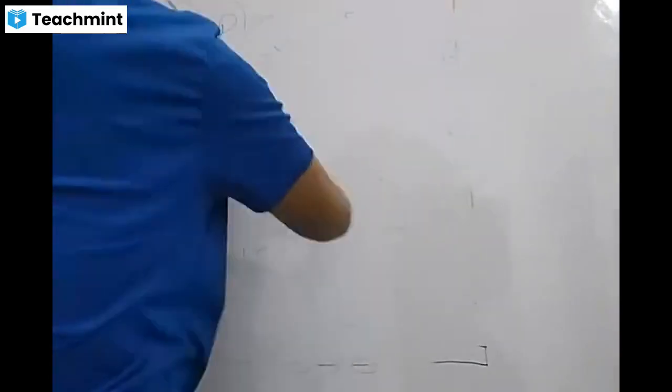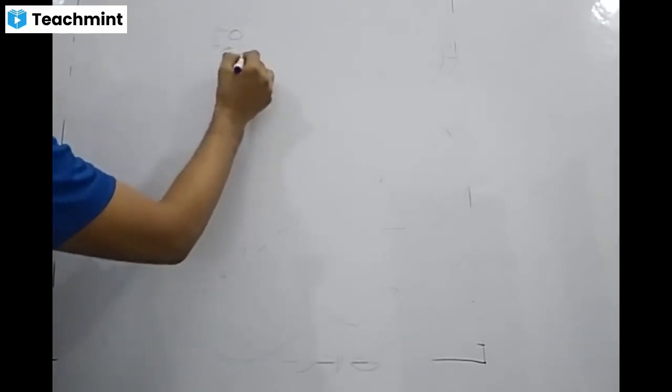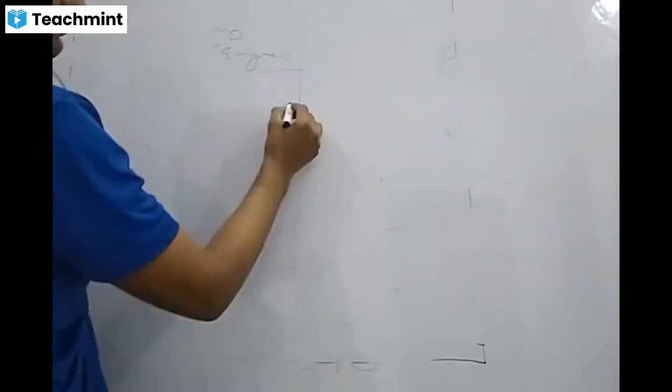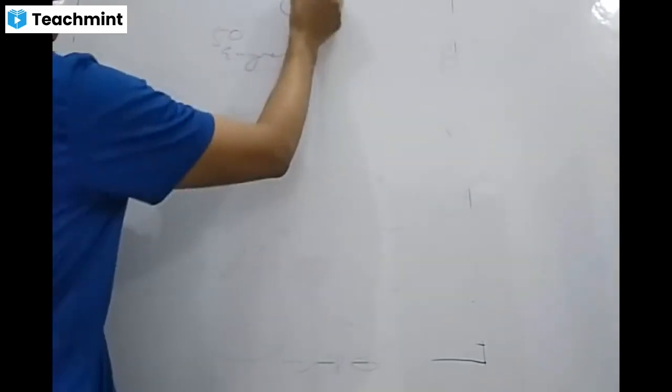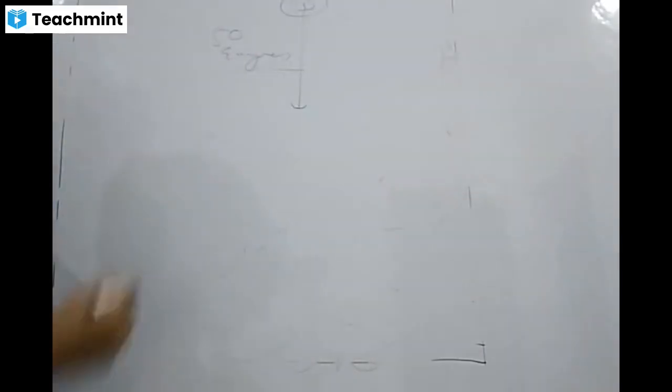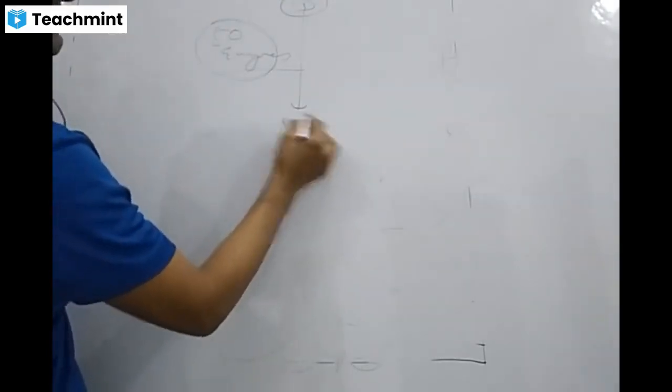If I give you one example of this induction, suppose you have 50 enzymes. This is the drug. I have given 100 molecules and 50 enzymes. They will metabolize 50.